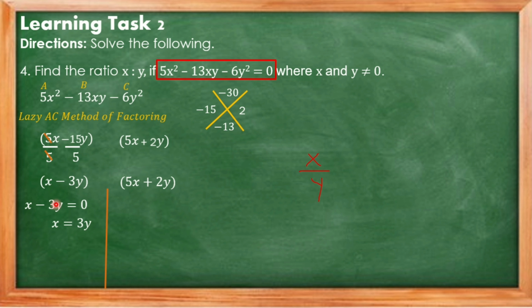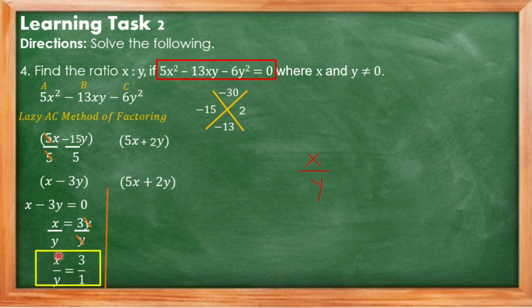So, x ito, tapos yung negative 3y, nilipat natin dito, naging positive 3y. Okay, so dahil kailangan natin magkaroon ng x is to y or x over y, so i-divide lang natin to both sides of the equation ng y. Yan, so meron na tayo dito ang x is to y. Ika-cancel lang natin yung common nila, which is yung y. So, ang natira ay 3. Okay, so 3 over 1. So, eto ngayon yung answer natin.